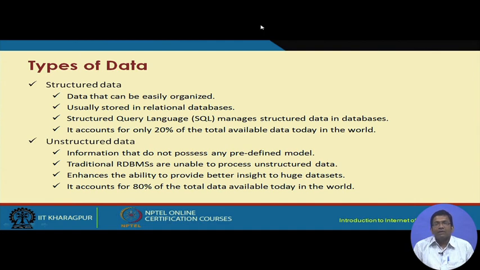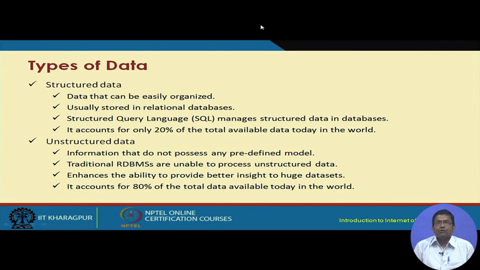You can perform different queries on these data. However, structured data accounts for only 20% of the total available data in the world today, and definitely a very small amount of data in IoT systems.